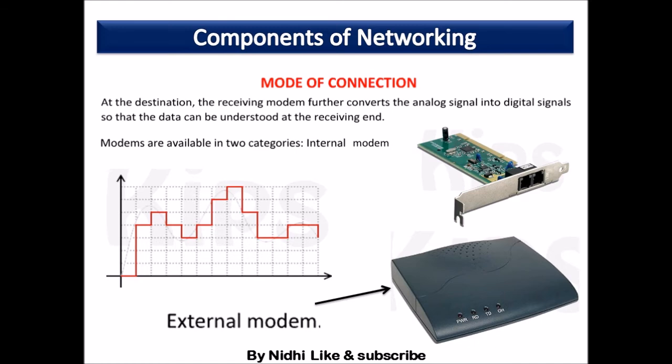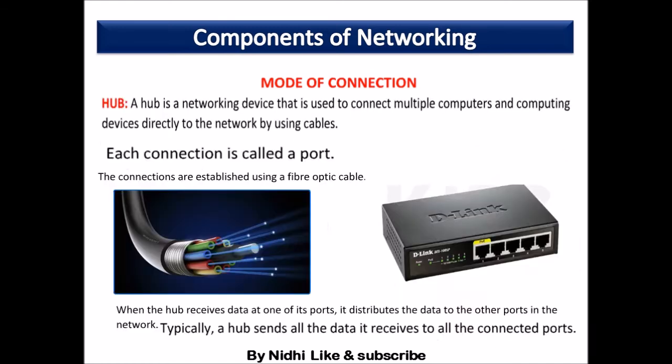Next is the hub. A hub is also a networking device. A hub is used to connect multiple computers and computing devices directly to the network using cables. The diagram shown here has some holes. Those holes are known as ports, and the connections are established using fiber optic cable also.